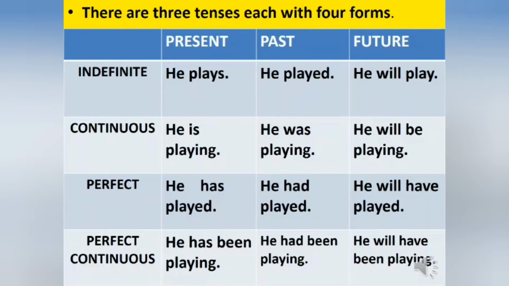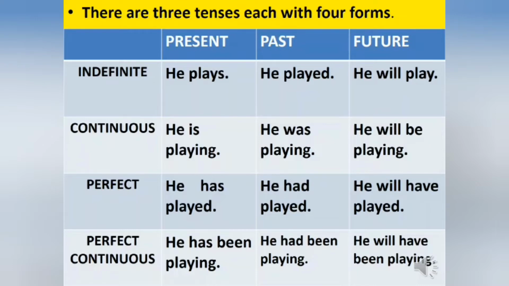Whereas he played denotes an action completed earlier in the past. He will play, that is future, it always expresses the happening of an action in the future. It mostly implies a complete action.